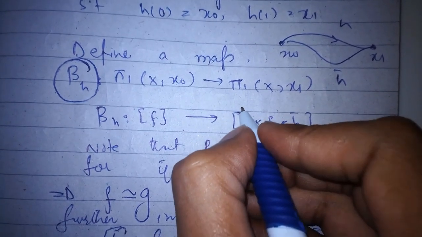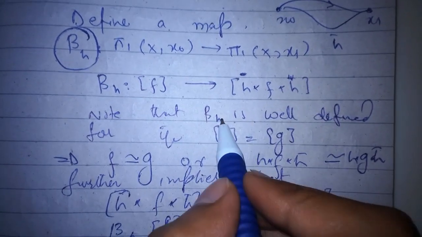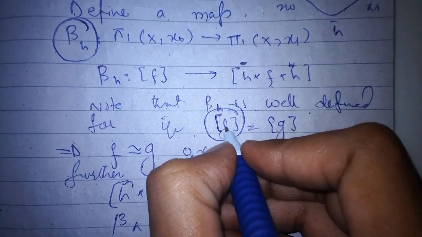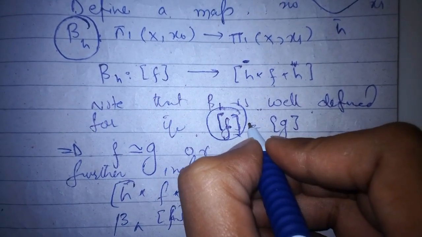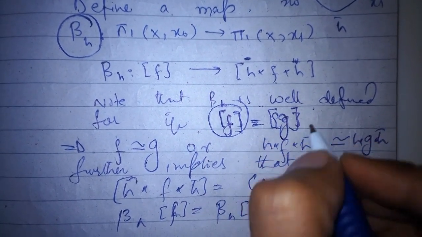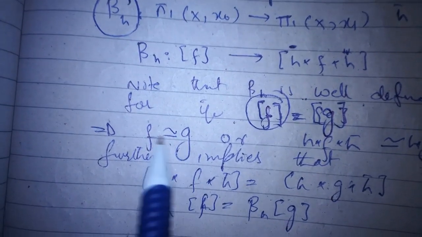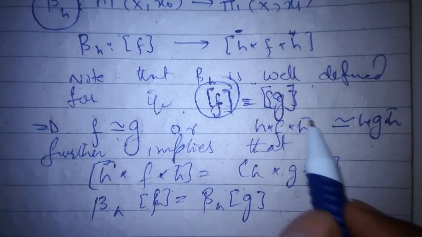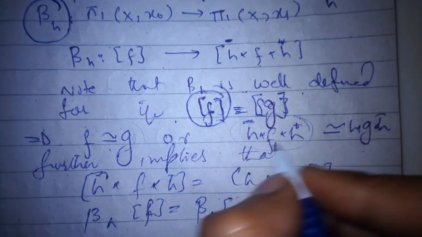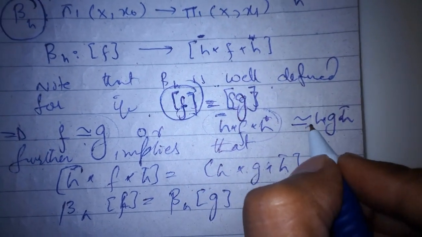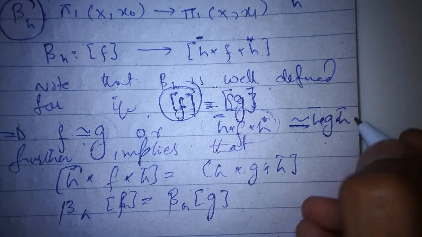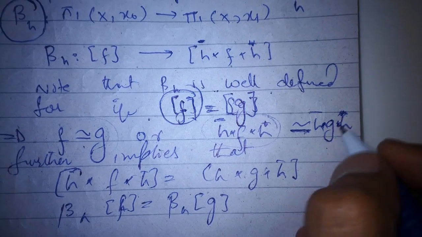Sorry, this is wrong. Note that beta h is well defined: if the path homotopy class of f is equal to the path homotopy class of g, which means that f is homotopic to g, then h bar concatenation f concatenation h is path homotopic to h bar concatenation g concatenation h.